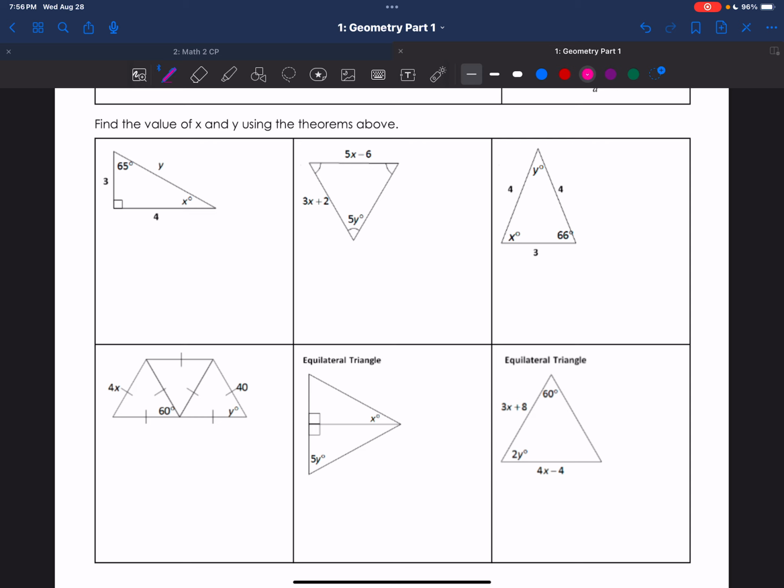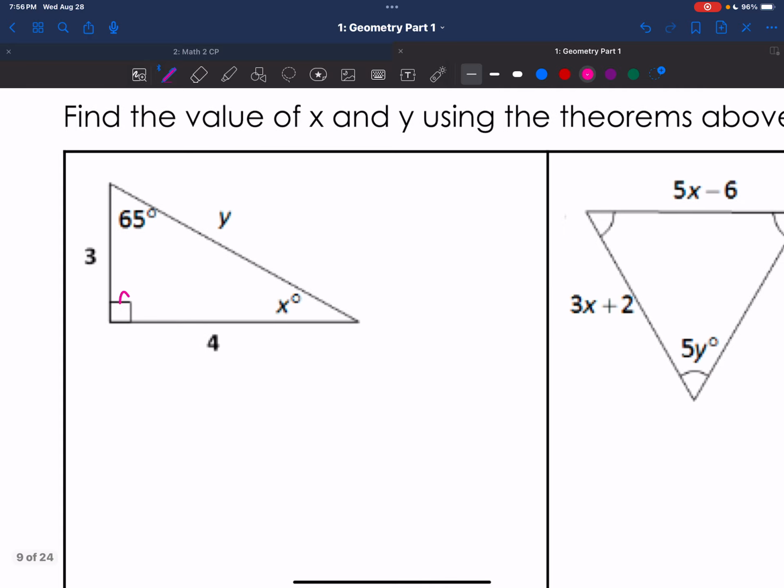So we have to do two parts. So first we're going to find the value of x. Well, finding the value of x isn't too bad because we know this is 90 degrees. So to find the total amount, we could go 90 plus 65 plus x equals 180.